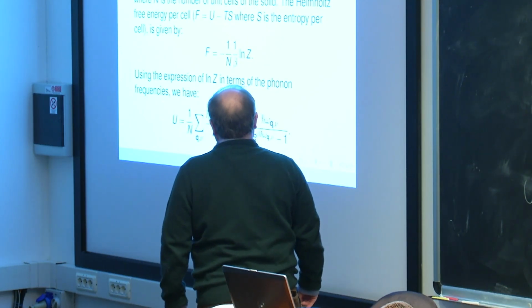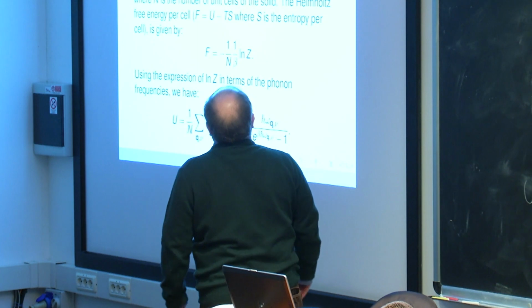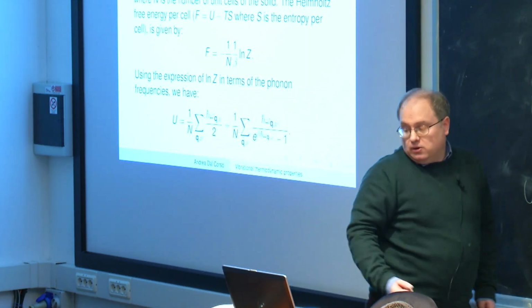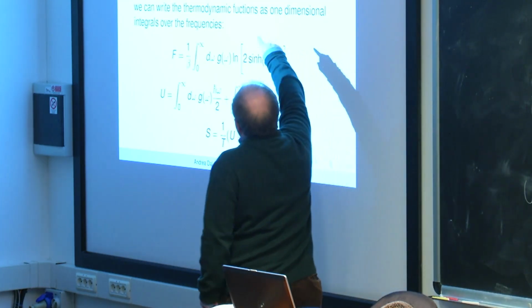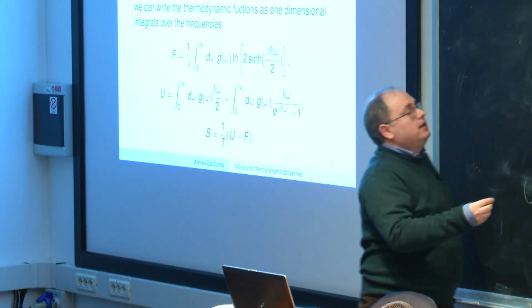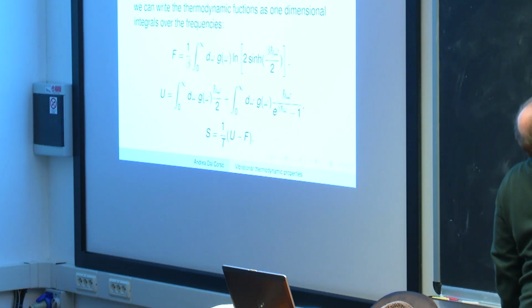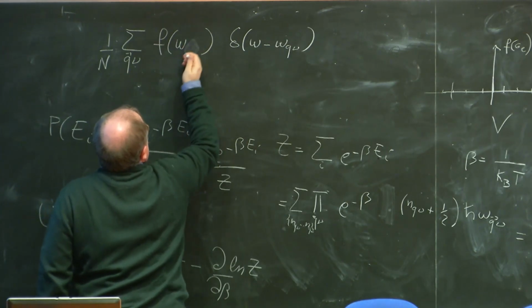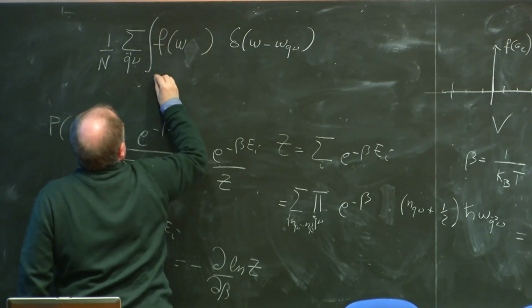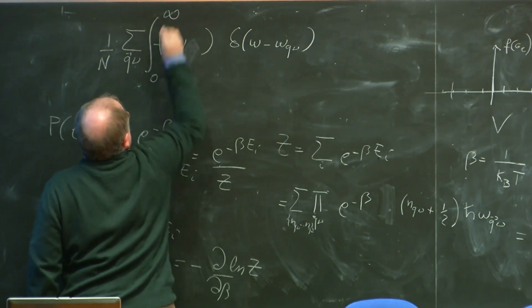summations. Or we can calculate the so-called vibrational density of states. That is, we insert here a delta of omega minus omega q nu. Here we put omega and integrate over omega from 0 to infinity.